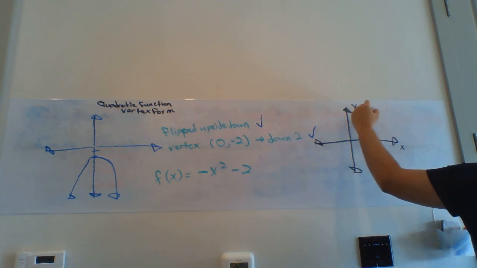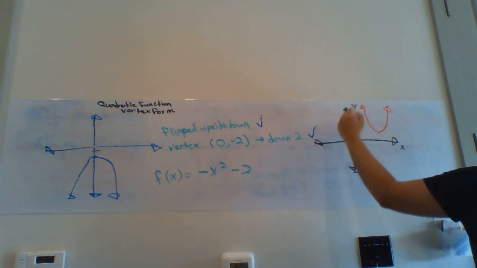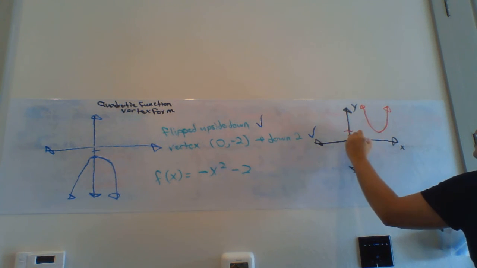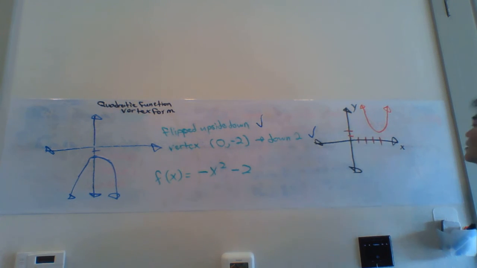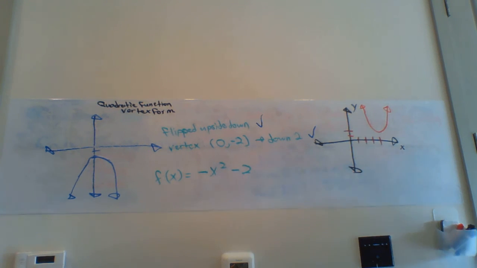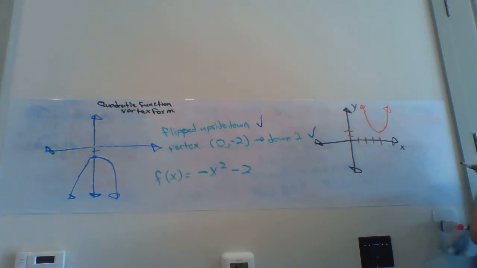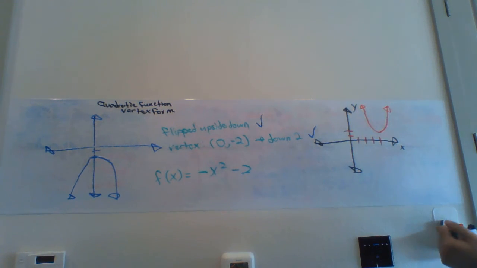I'm going to do something like this. 2, 3, 4. Okay. All right, so we're going to find out what they did to this graph, to the base graph to get here. So it's still shaped like a U, so it hasn't been flipped. That's fine.